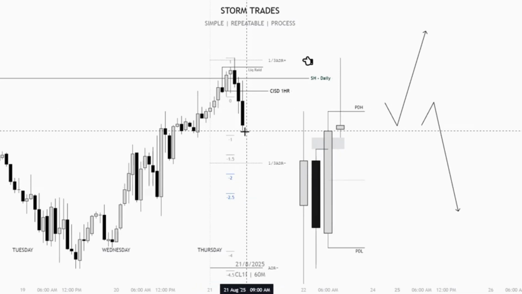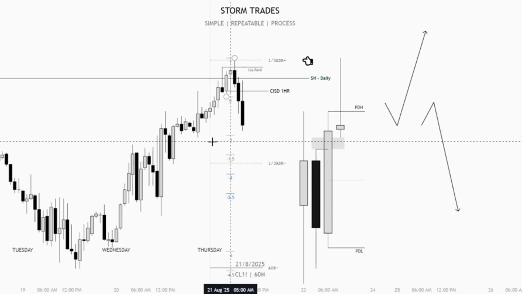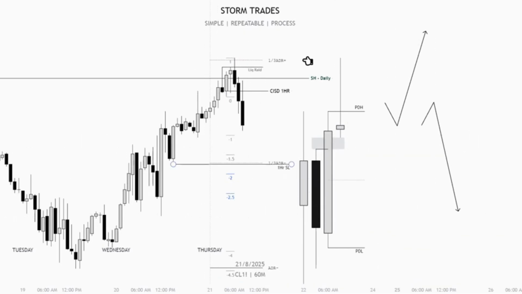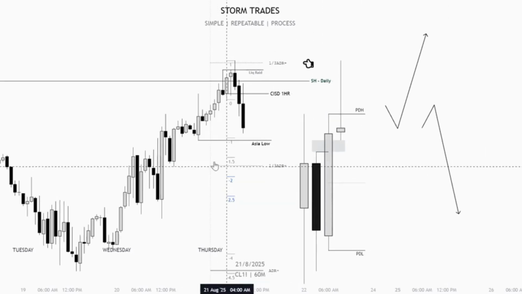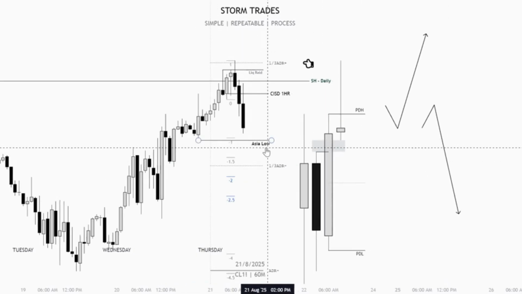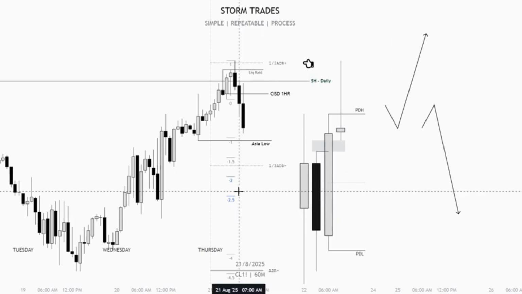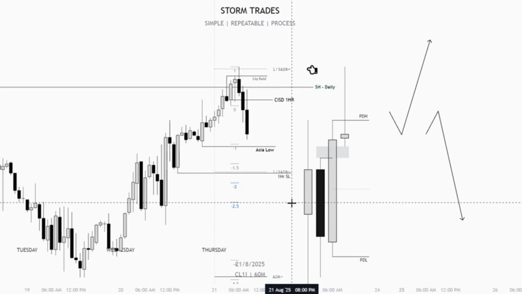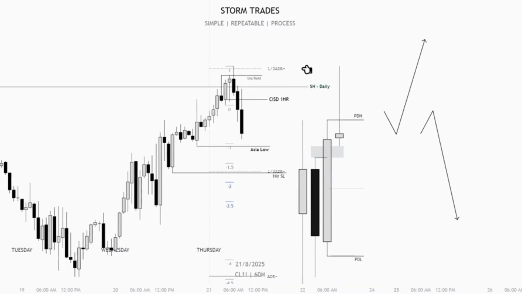So we know that price typically wants to hit the low-hanging fruit, which is some liquidity around the -1 to -1.5, right? That also lines up here with the Asia low, which is another important liquidity pool. The very next liquidity pool down here that lines up with the 1/3 ADR is an hourly swing low. Okay, so I've got a lot of nice juicy targets.